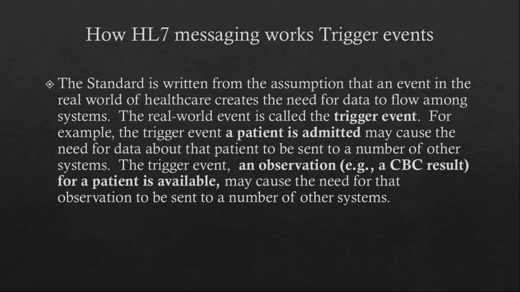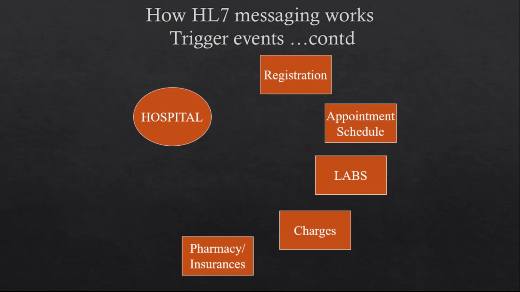Here, we'll quickly look at the trigger events that we will come across within a hospital's workflow. So the patient gets registered at the receptionist desk. On a broader view, we can say that registration is one event, and then the appointment is scheduled.